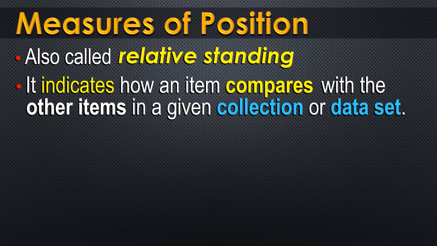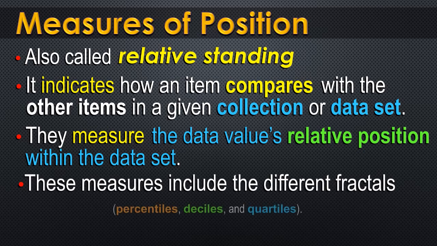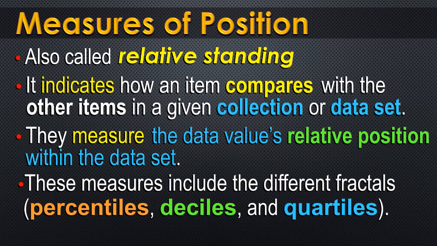It indicates how an item compares with the other items in a given collection or data set. They measure the data values' relative position within the data set. These measures include the different fractiles, percentiles, deciles, and quartiles.